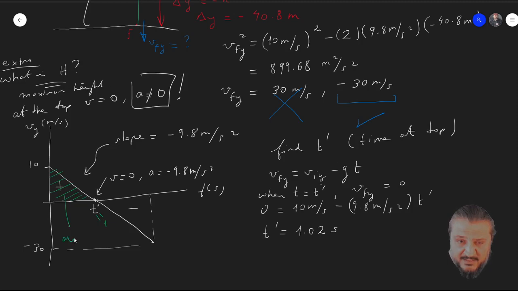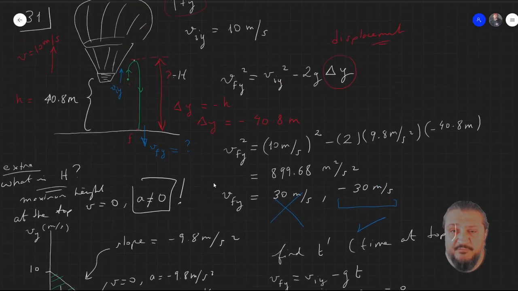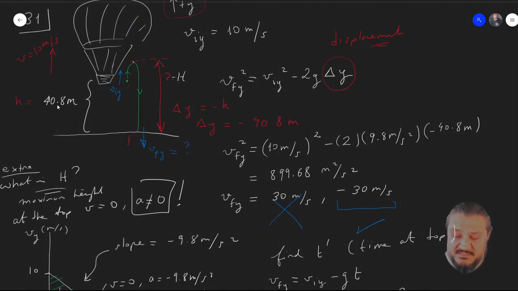So the area here is 1 times 10 divided by 2, 5 meters. Okay, so 5 meters on top of 40.8 meters. We just found that this here is around 5 meters, or 5.01, but it's 5 meters. You simply add 5 to 40.8, and that's going to give you h.